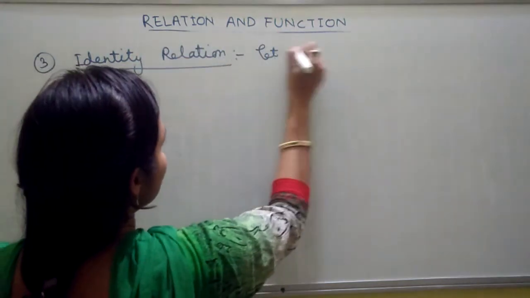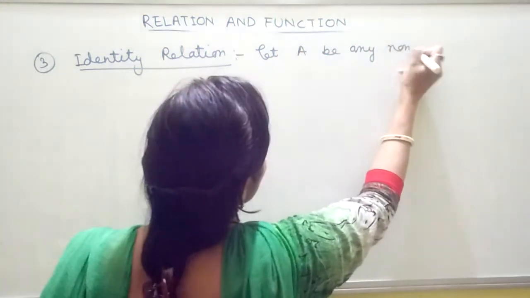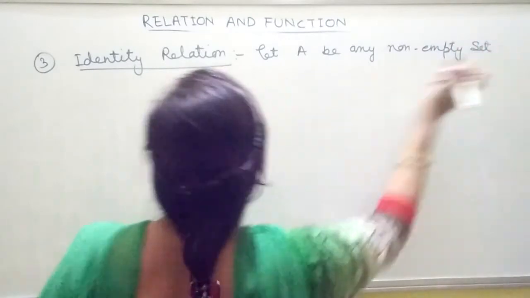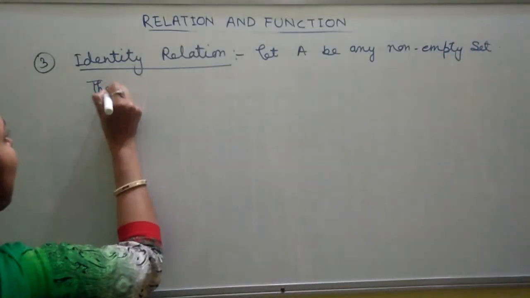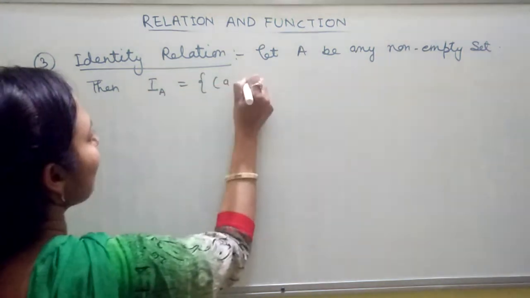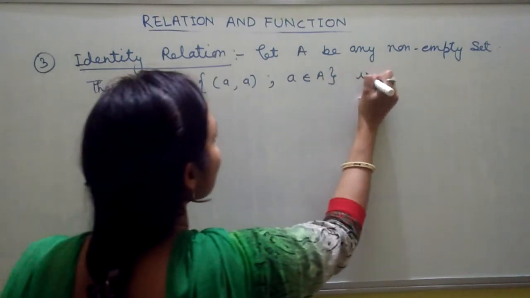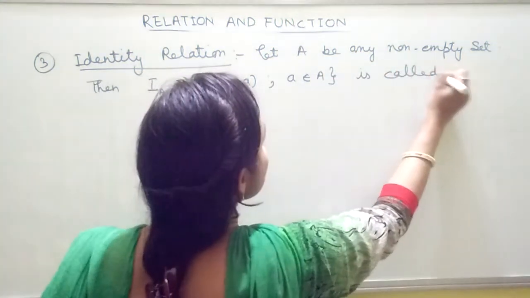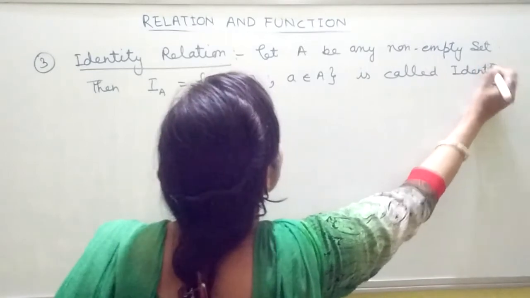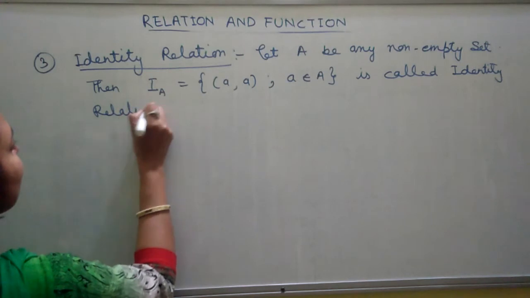Let A be any non-empty set. Then I of A, the identity relation on A, equals {(a, a): a belongs to capital A}. This is called the identity relation, not identity element.